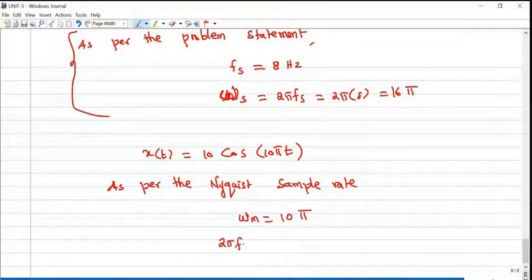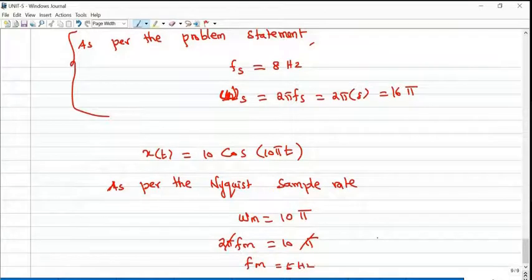That is 2 pi fm equal to 10 pi, so pi will be cancelled. Fm equal to 5 hertz. And the sampling frequency is greater than or equal to 2 times fm, so 2 into 5, 10 hertz.